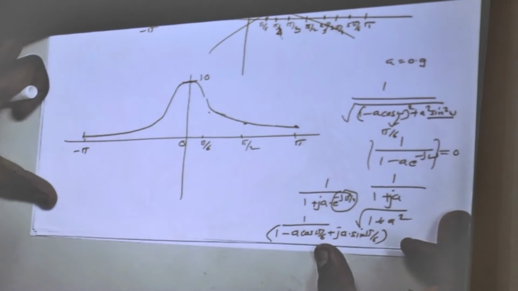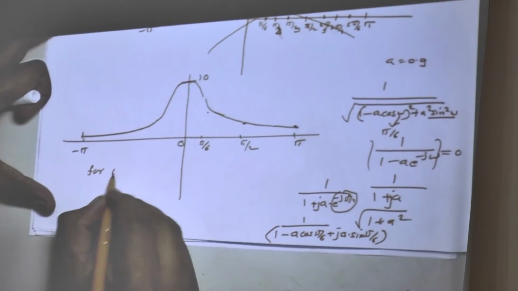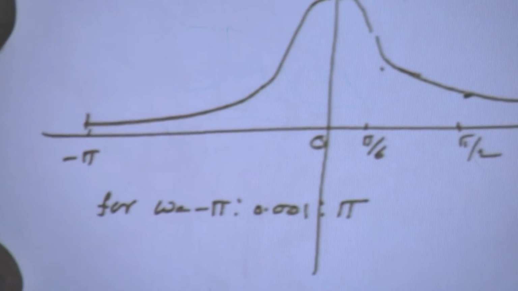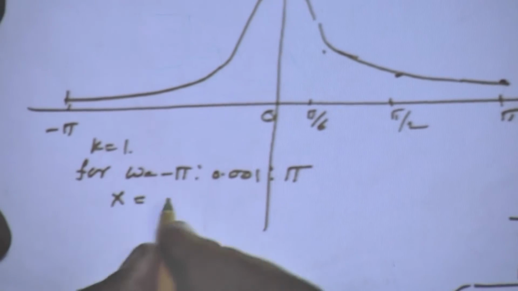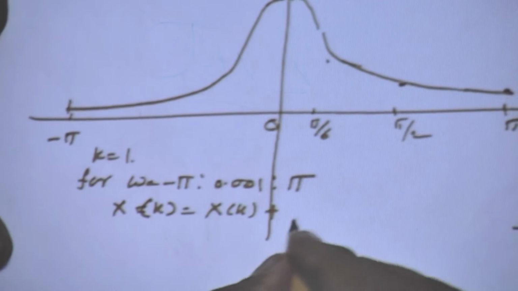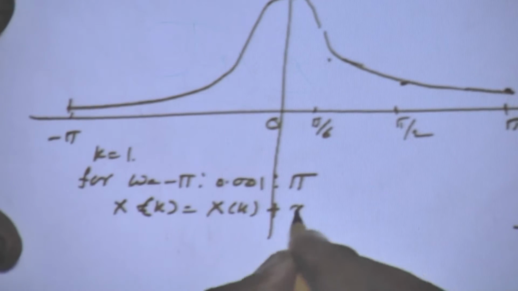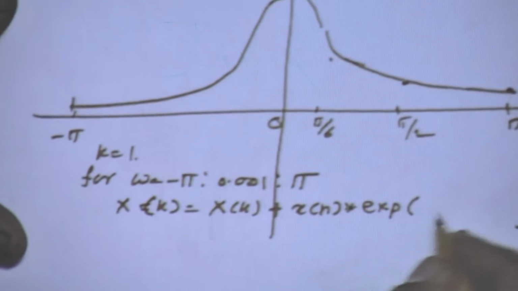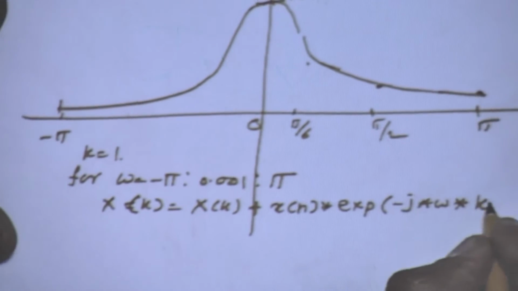How do you plot this through a program? Simple for loop. For omega equal to minus pi colon 0.001 colon pi, k is equal to 1, capital X of k is equal to capital X of k plus x of n times exponential of minus j star omega star n.